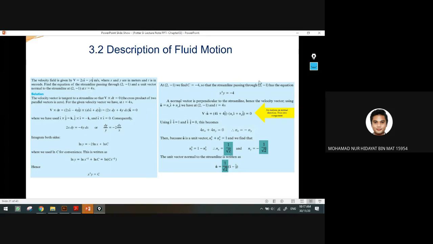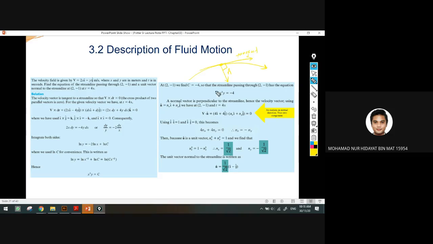So what is normal? For example, this is the flow. The tangent is like this. The normal is always at 90 degrees. This is normal, and this is tangent.